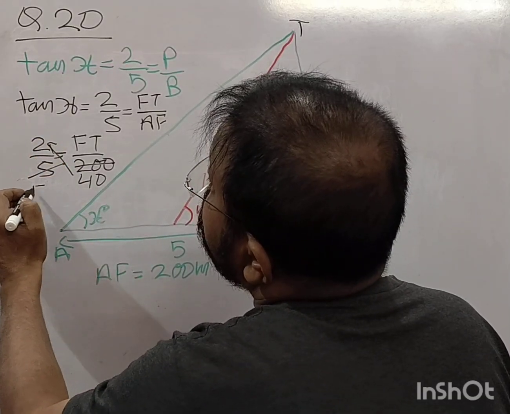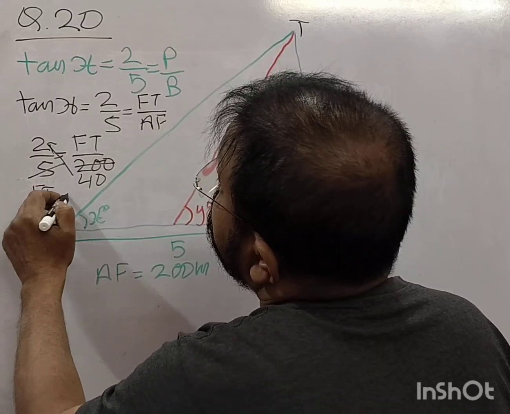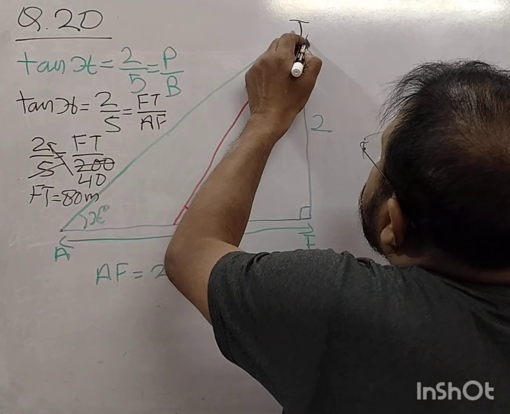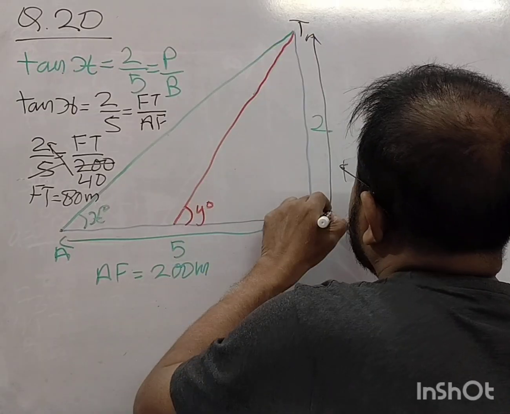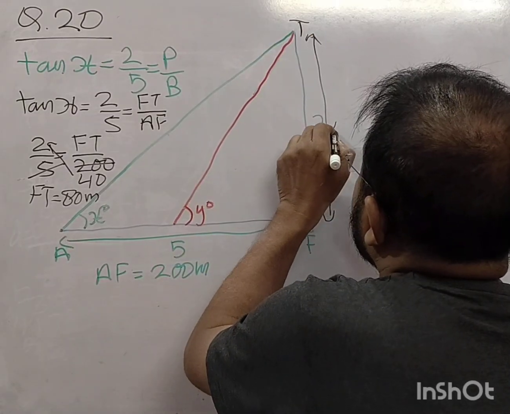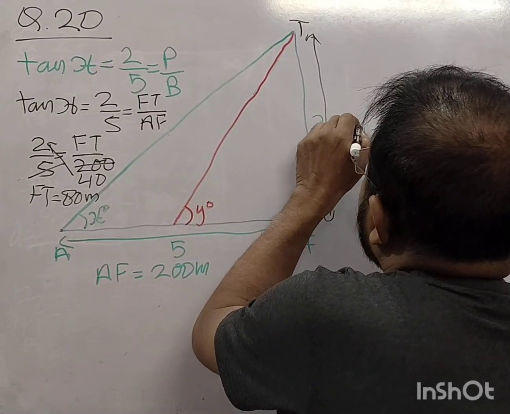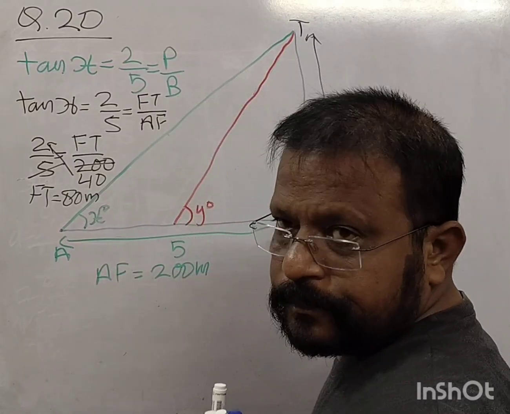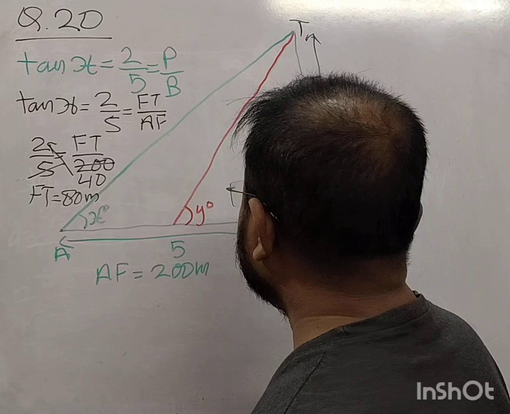So FT is 80 meter. Now what do you have to find? Angle y correct to nearest degree.